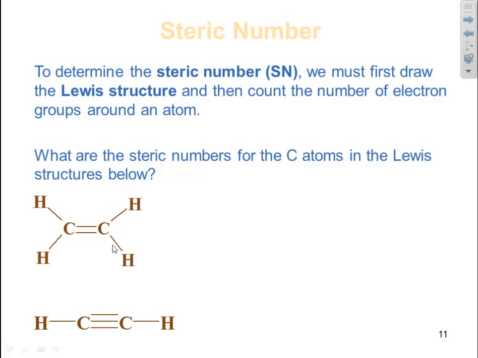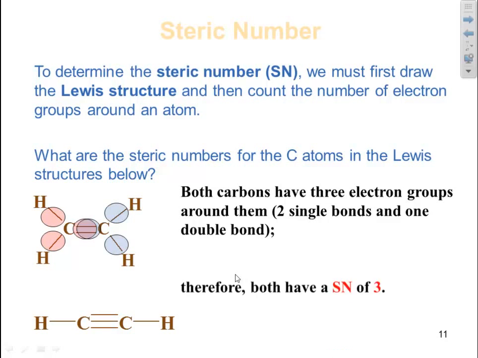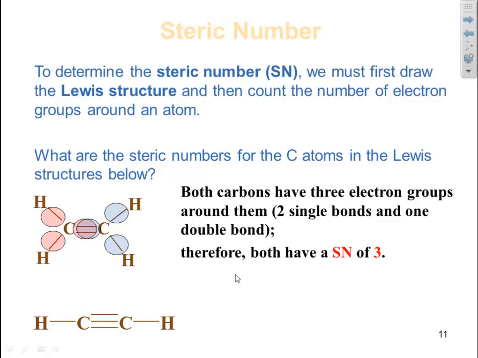You have three regions around that carbon atom. Both carbons have three electron groups around them, two single bonds and one double bond. So hence, both have a steric number of 3.